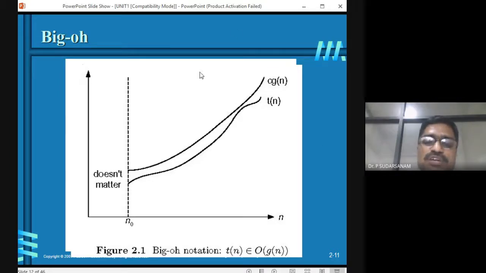So here, g of n is the maximum to which you can give the input values. This T of n function can move from n naught up to g of n. That is the maximum. So that is the definition here. For example, binary search or linear search or selection sort.